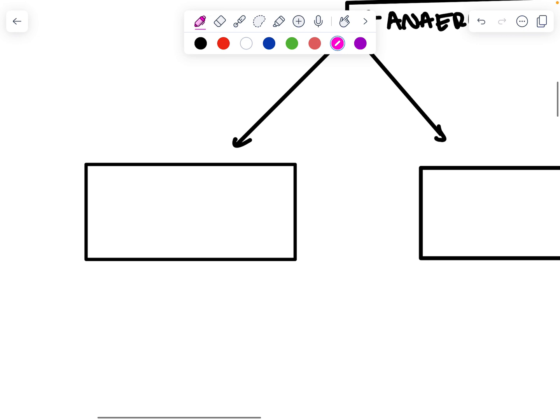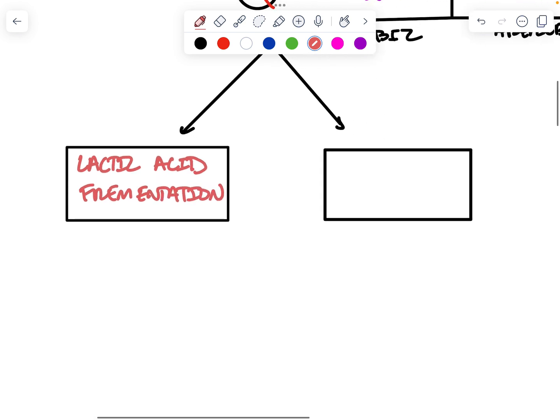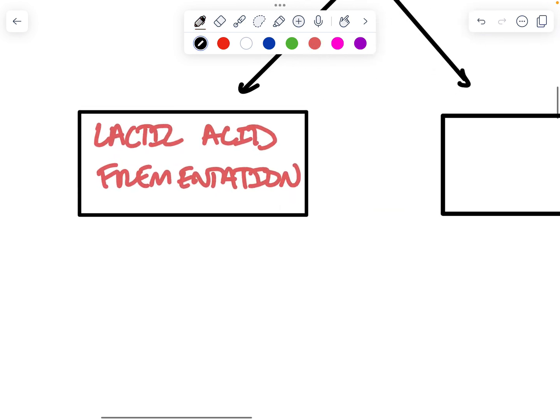The first is called lactic acid fermentation. And animals do this type.